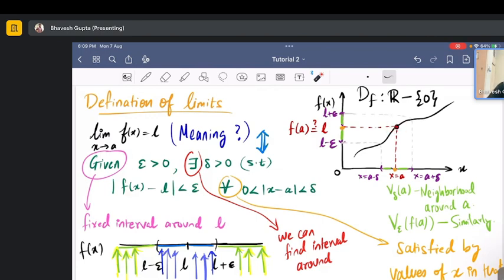For example, you might have a situation in which the value f of a was given here. So what was your curve basically? Your curve was this black line earlier, and at this point, if x equal to a, your function was defined here.